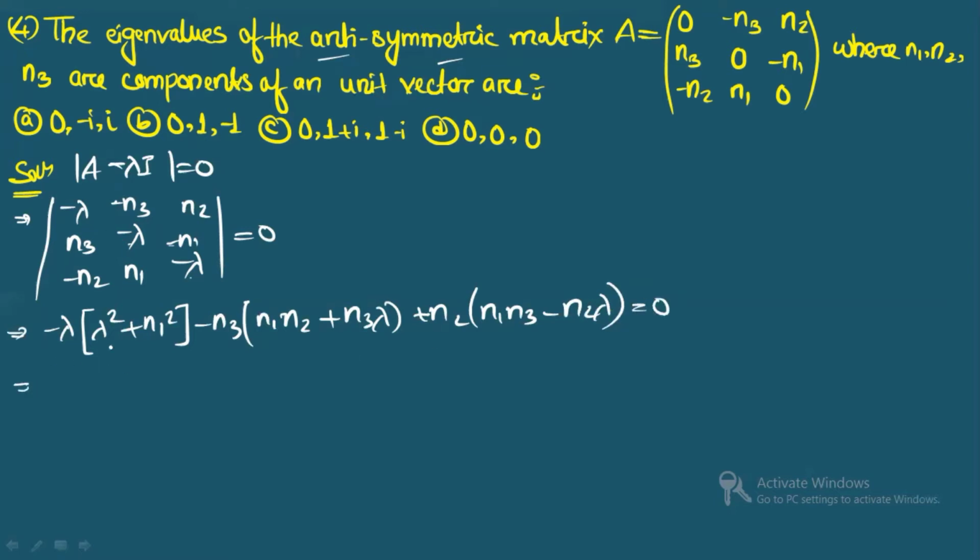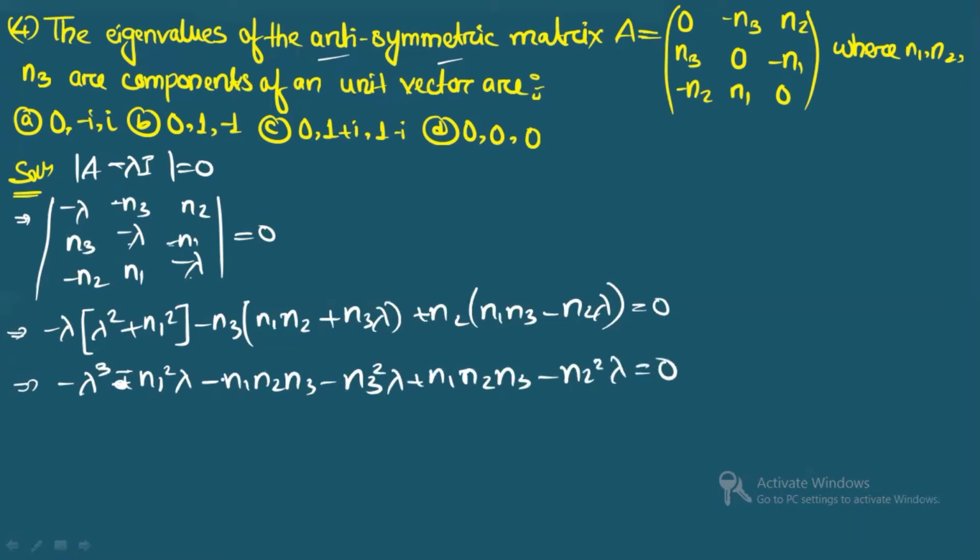So finally what you will get from here is minus lambda cube, all right, plus... sorry, it's minus n1 square lambda, minus n1 n2 n3, minus n3 square lambda, plus n1 n2 n3, and here minus n2 square lambda. It is equal to 0.